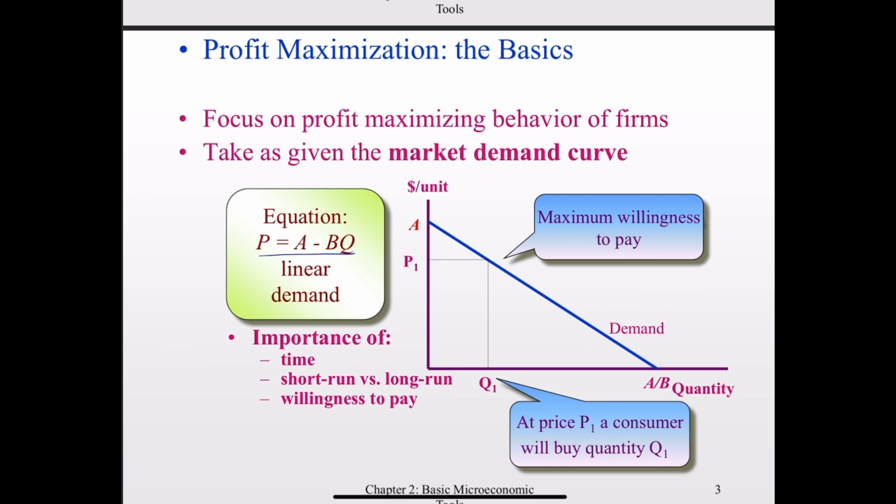Let's look at the graph. We will see a downward sloping demand curve. The vertical axis represents the price per unit and the horizontal axis represents the quantity. Point A on the vertical axis shows the maximum willingness to pay, while on the horizontal axis, A over B represents the quantity demanded when the price is 0.